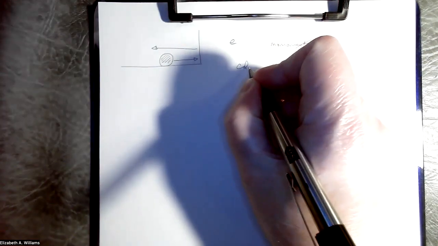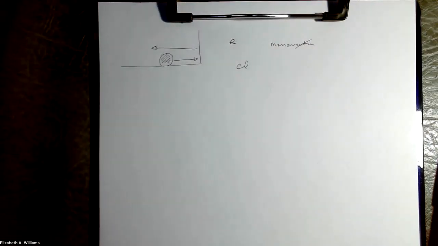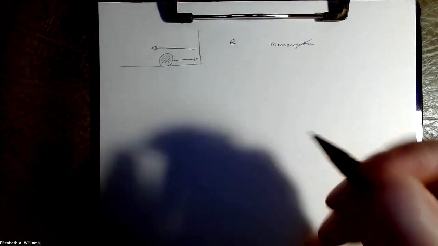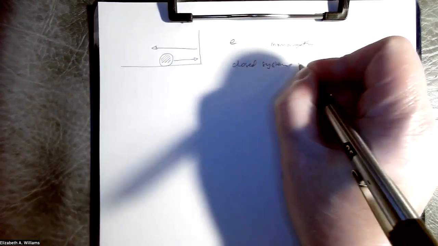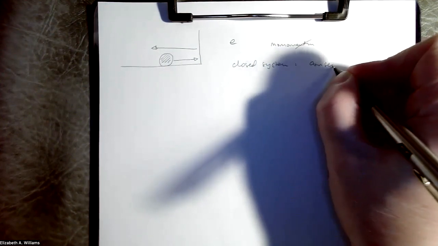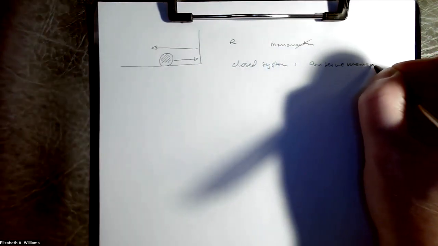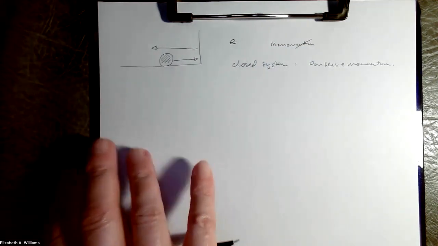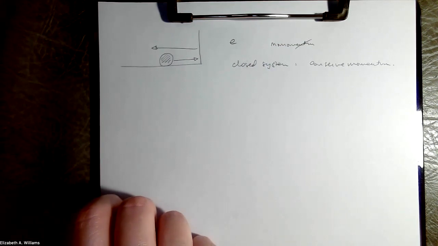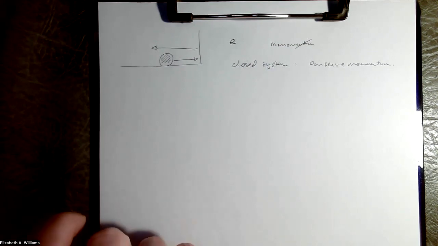A closed system means all the bits involved are accounted for in your setup. So in a closed system, you conserve momentum. But if you have forces acting externally from your system, then momentum will not be conserved.